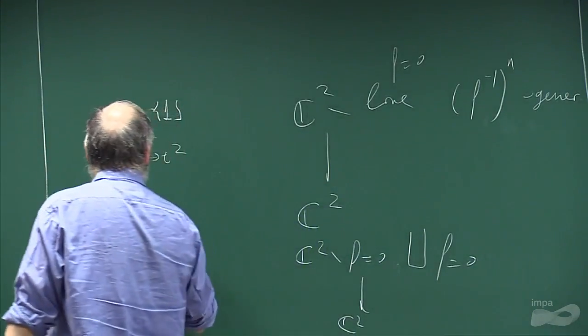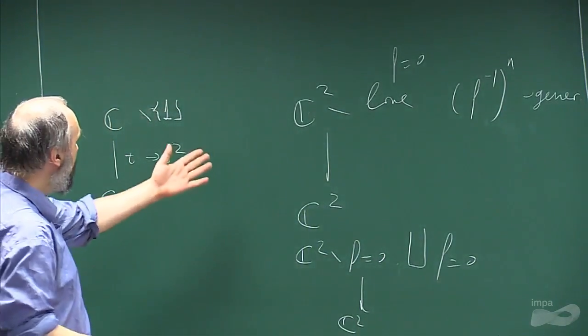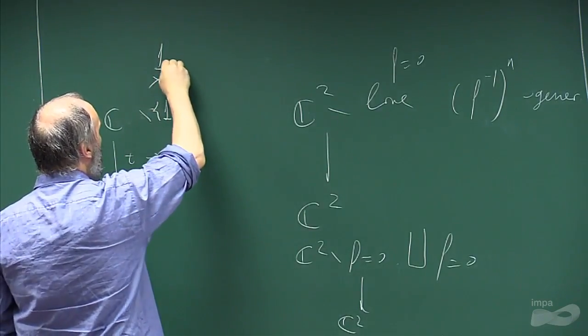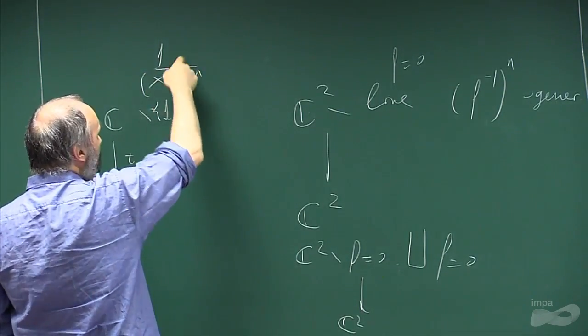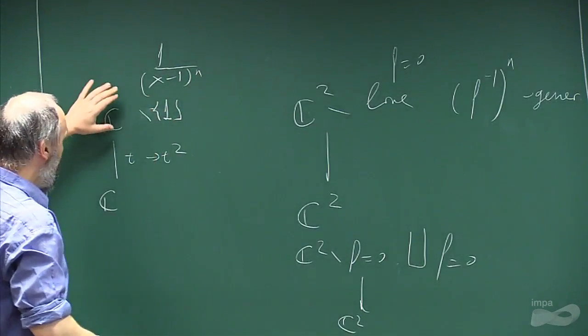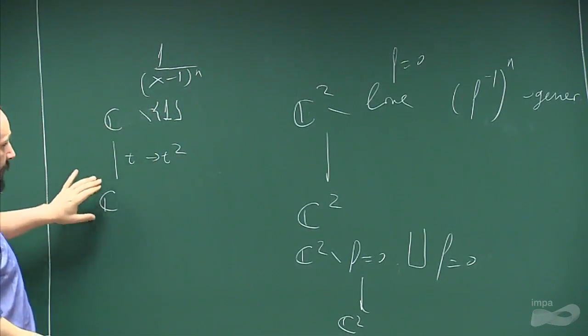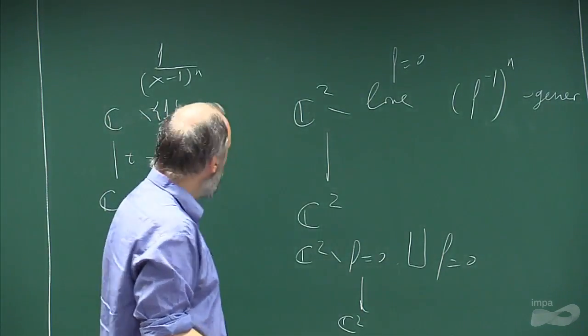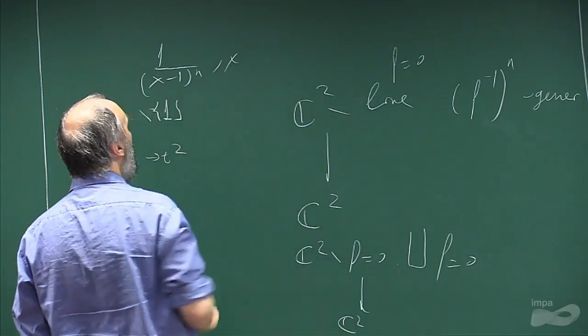On the other hand, it's not finite because you have 1 over (x minus 1) to the power n. This is what generates this over this. And also x.